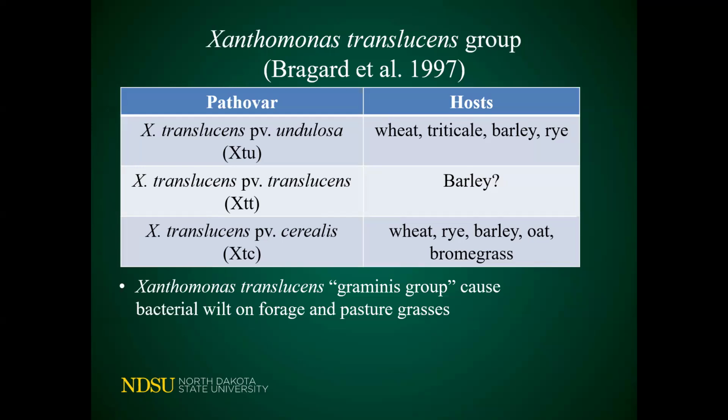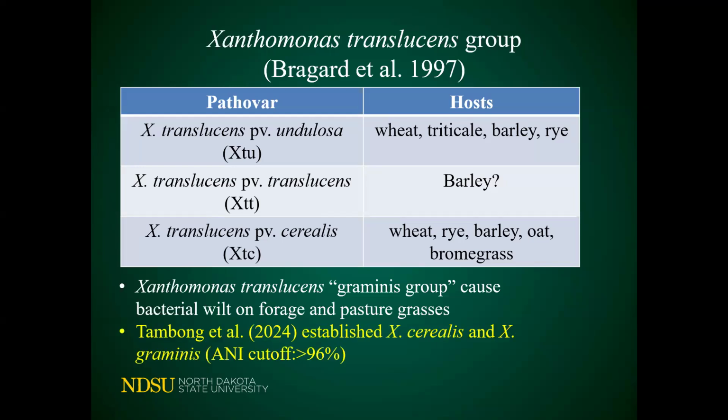Then the graminis group usually contains those bacteria that cause bacterial wilt on forage and pasture grasses. That's a little bit far from the translucens group, but since the 90s they have been in the same species under different groups, the translucens group and the graminis group.